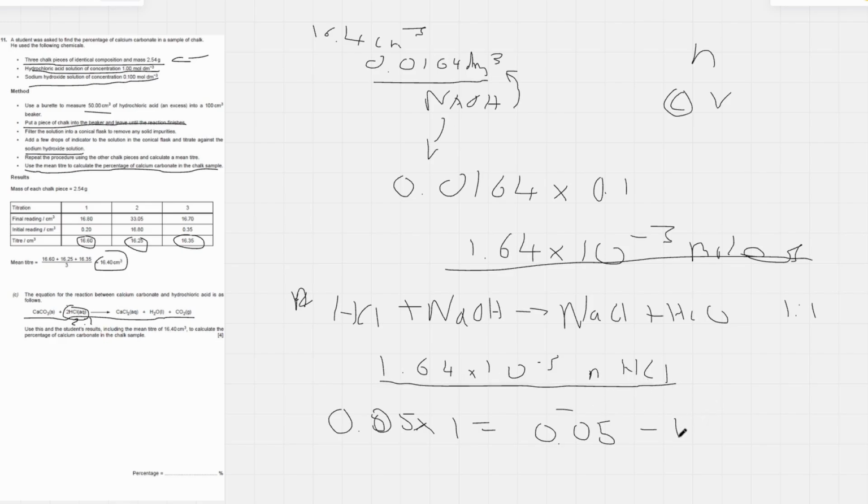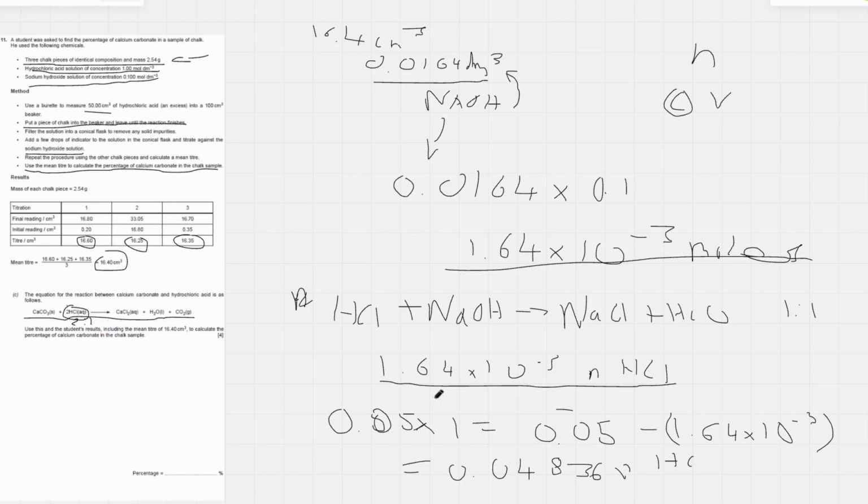So we take away 1.64 times 10 to the minus 3. So if we put that in the calculator, we get 0.04836 moles HCl used in the initial reaction, which is this one.